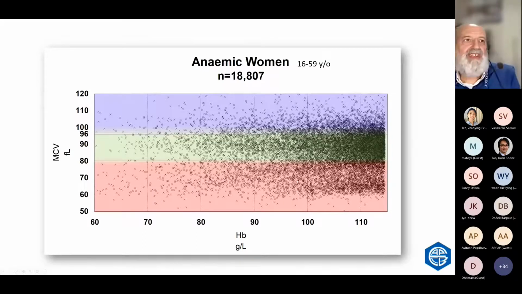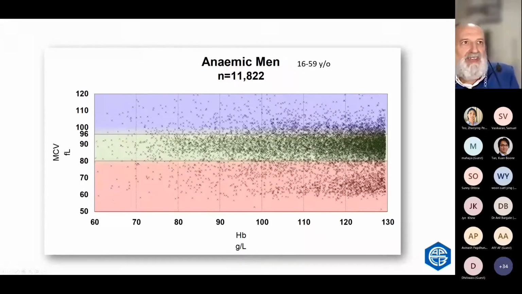Again, you can see that in the severe anemia categories, it's mainly microcytic, but we do have macrocytic and normocytic anemias. What about in men? In men, normocytic anemia is much more common than microcytic anemia or macrocytic anemia.